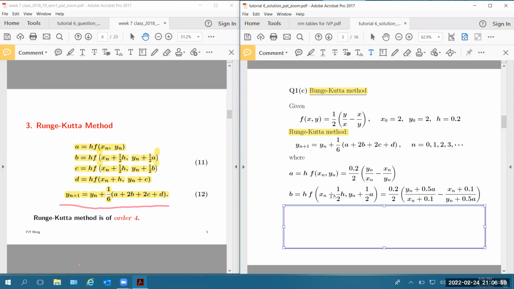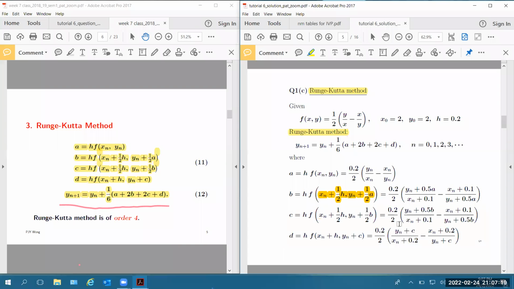For B, you got to substitute: your x is x_n plus half h, and your y is y_n plus half A. So it becomes like this.